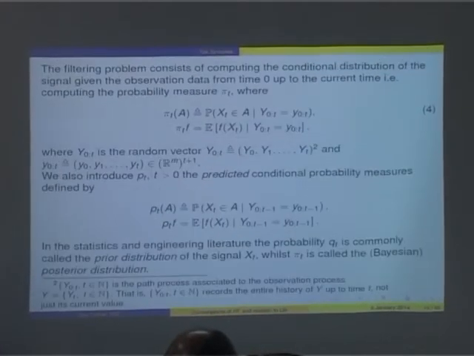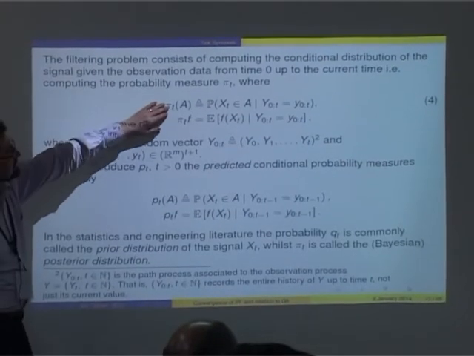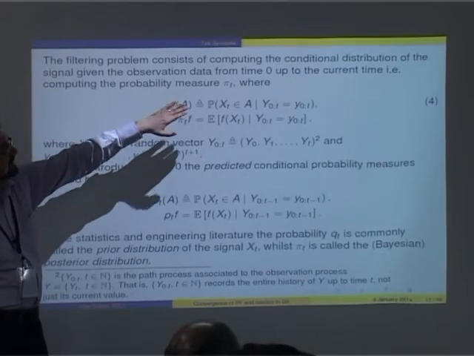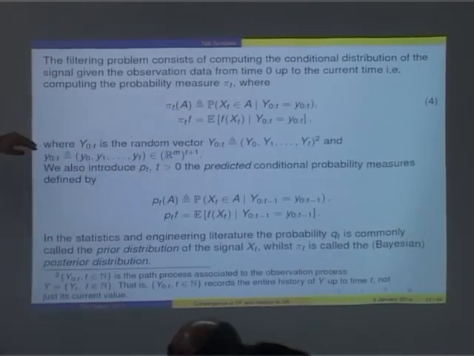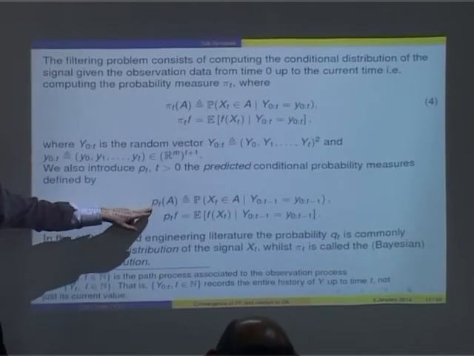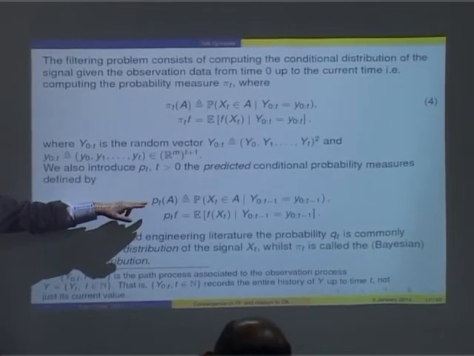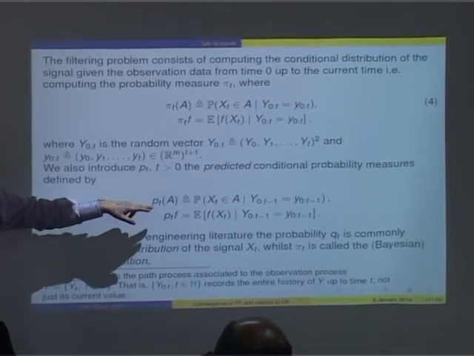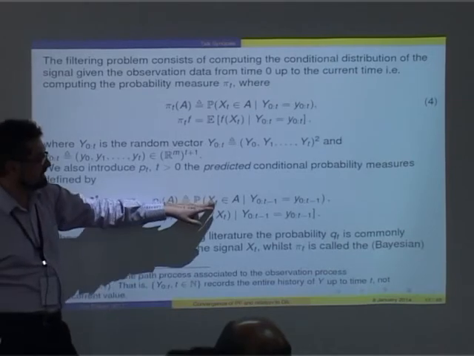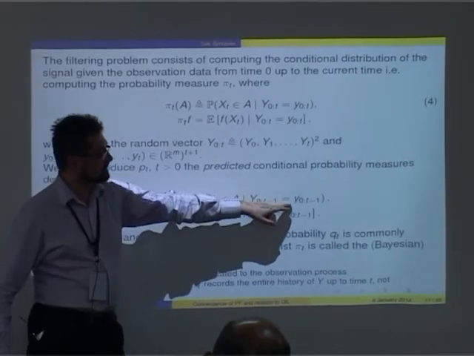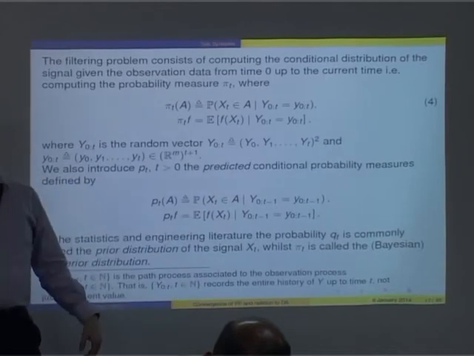So I'm going back here, and pi t, as I said, is the conditional distribution of the signal at time t given all the observation up to the current time. Pt here is what I get after I update with my kernel, is the conditional distribution of xt given all the observation, but I'm missing the last one, right?